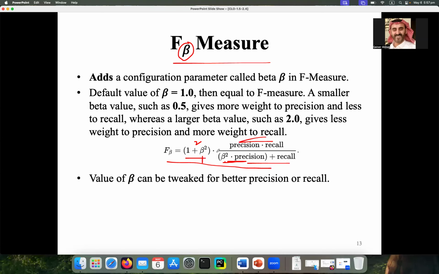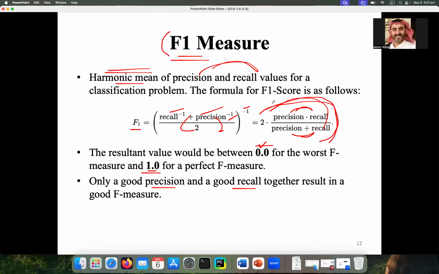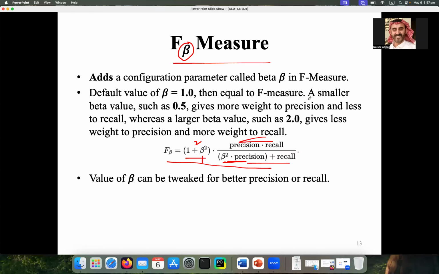So then the equation will be the same as the equation here. If the value of beta is 1, then the equation of F beta becomes the same as the equation for the F1 score.